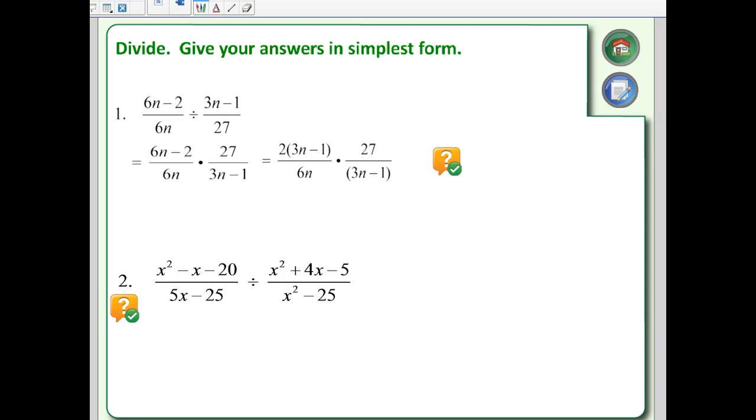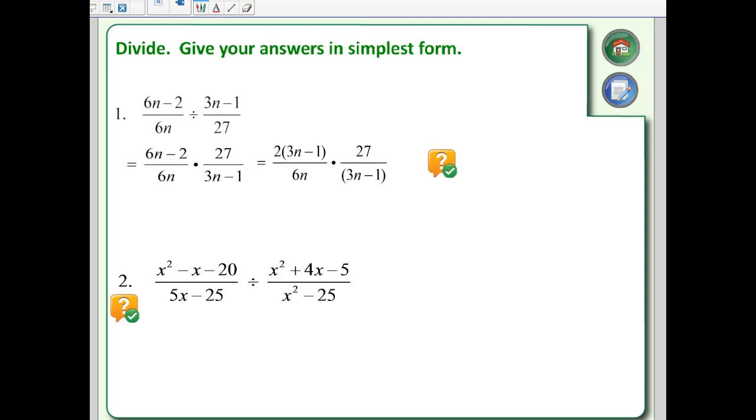I take the first fraction and write it exactly as it is. My division became multiplication, and then I multiplied by the reciprocal.